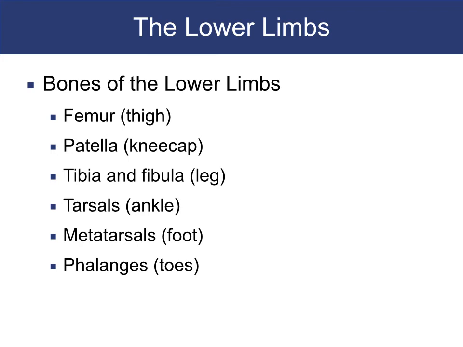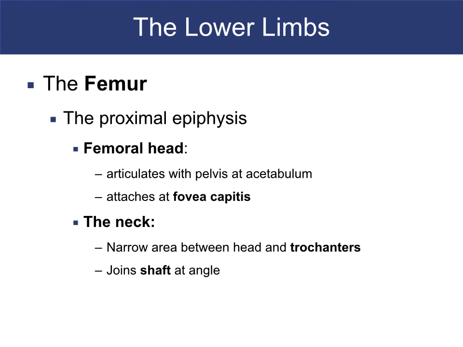Once again, we have metacarpals up there, metatarsals down here, and then phalanges. And we have 14 phalanges in the lower extremity. Why? Because our big toe only has 2, right? You can play with that tonight. See if you can figure that one out.